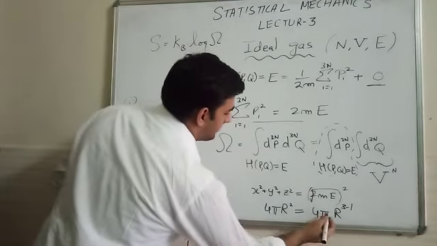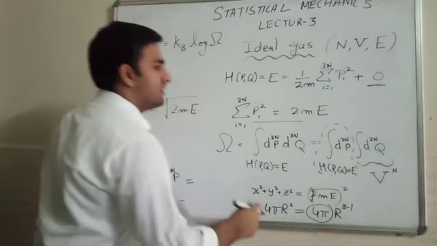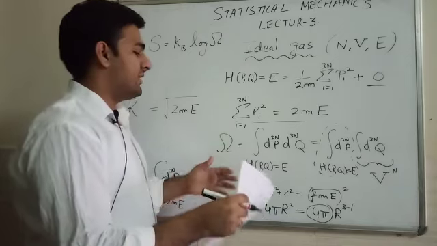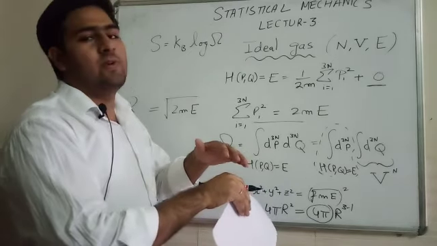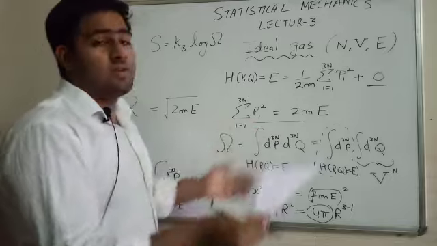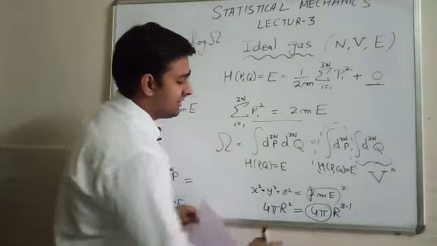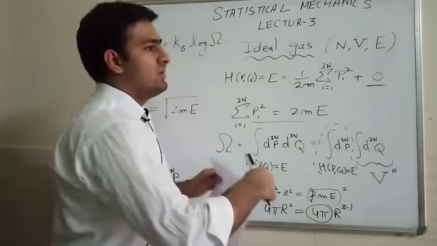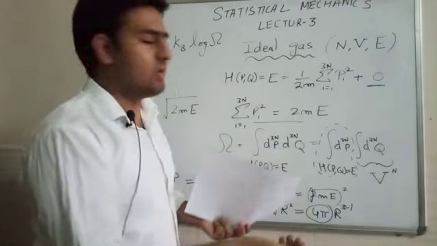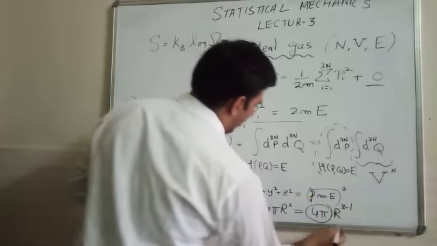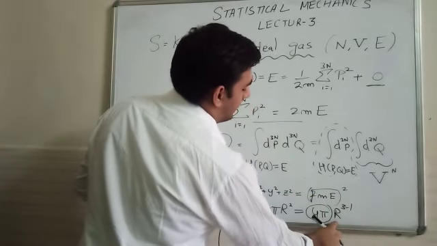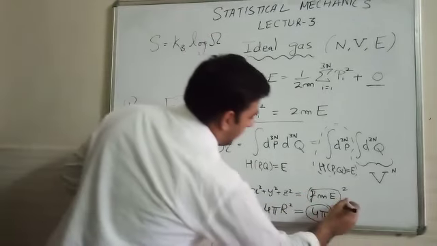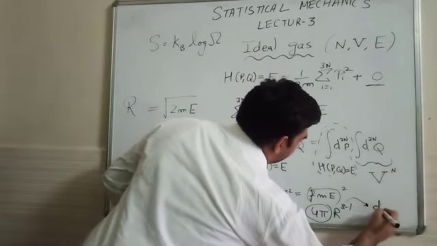This is a constant that depends upon the geometry, that means the dimension you are talking about, a sphere in 3 dimensions or a circle in 2 dimensions, where it becomes 2 pi r. So this factor depends on the geometry, and r is raised to the power 3 minus 1, where 3 is the dimension of space.